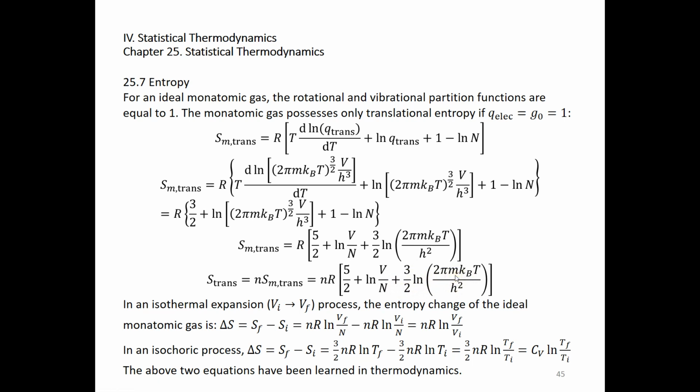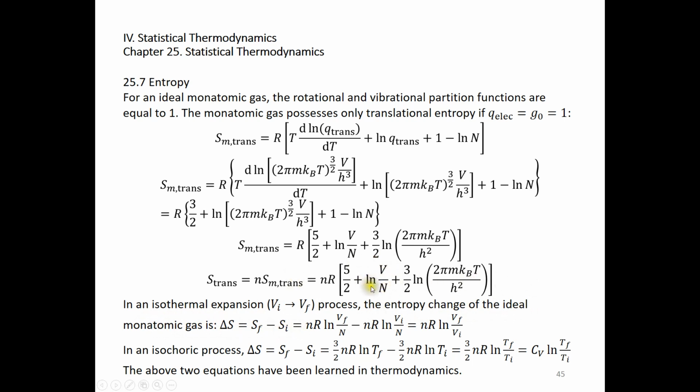Using this equation, we can prove some equations in thermodynamics. In thermodynamics, we learned how to compute the entropy change in an isothermal expansion, going from initial volume to final volume. The entropy change of the ideal monatomic gas is this: final minus initial, and then we examine this.